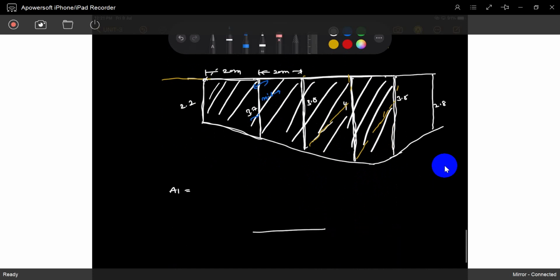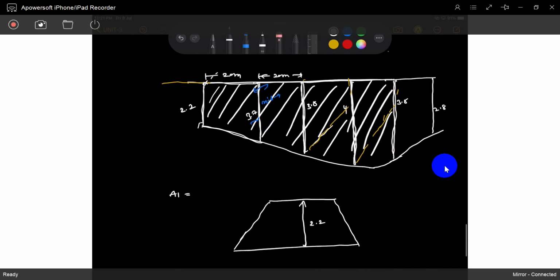This is area 1, and the mid height is 2.2, with 1.5 to 1 vertical slope. So the area is (B plus n H) times H, where H is 2.2.